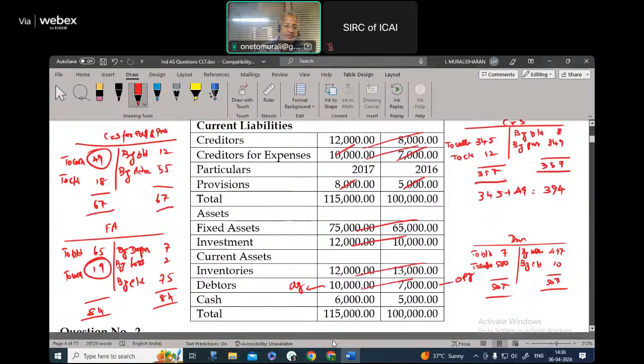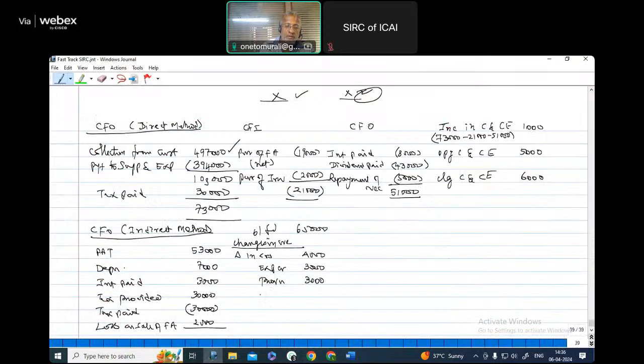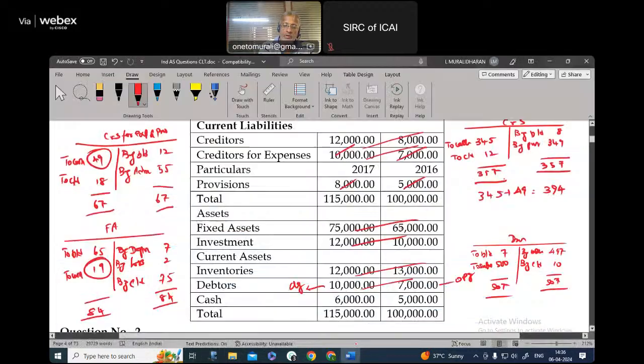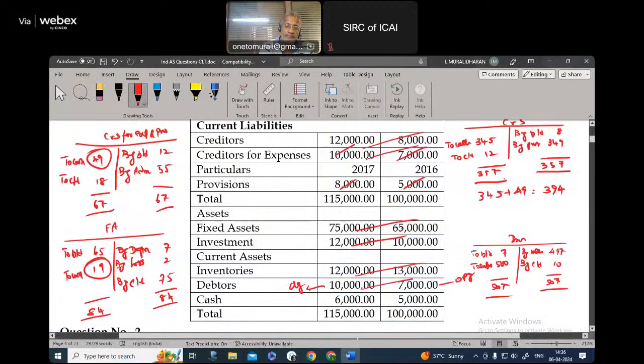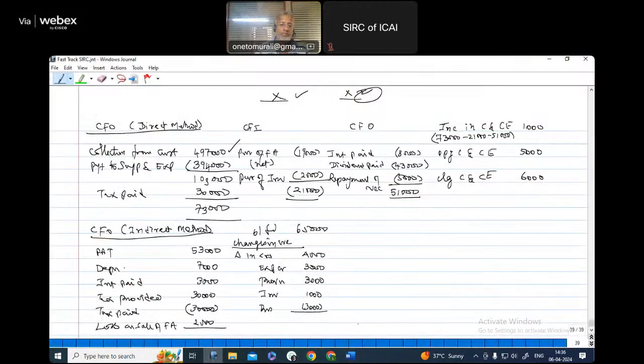Then inventories 1,000. Debtors 3,000. It is 65,000 plus 4,000 plus 7,000 minus 3,000. So you get 73,000. Same figure like here.